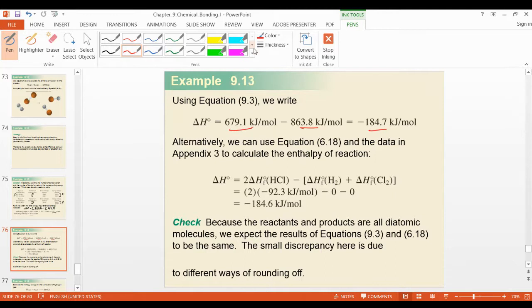So bond enthalpy of the reactant minus bond enthalpy of the product, or the same in bond energy, you will get standard bond enthalpy of a reaction. Don't confuse this with chapter 6, where we calculate the standard enthalpy of a reaction in a different way.